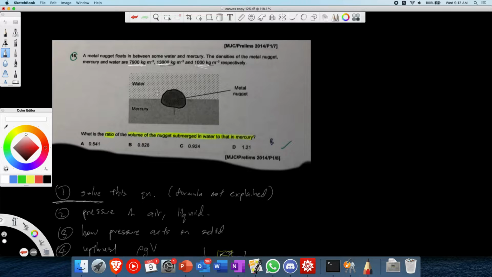Now this might go against your intuition, because if you think about it, right? What I'm trying to say is that you first have the mercury, and the metal nugget is floating, let's say like that. Then you add water on top. So you imagine the metal nugget is floating in the mercury, then you pour a bit of water in.